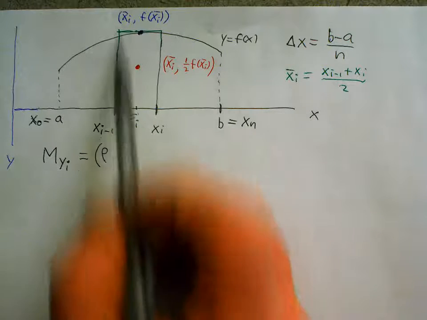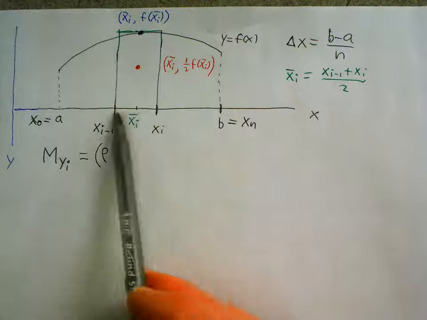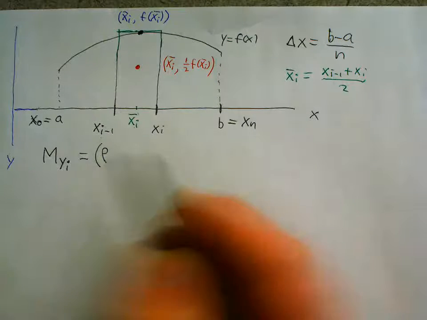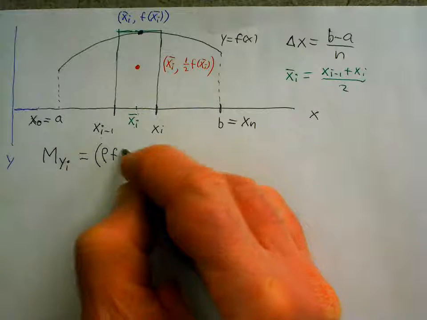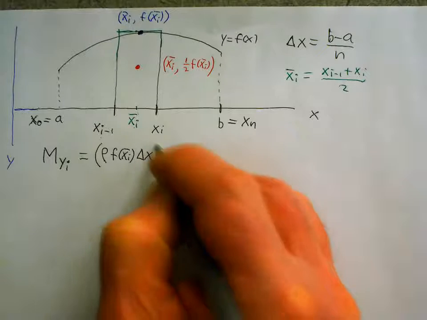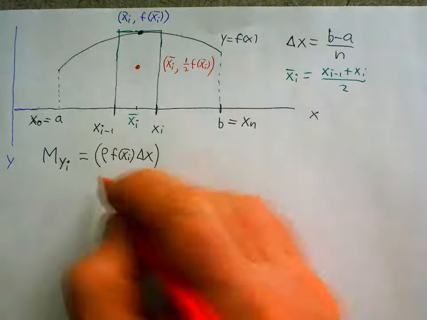Well, the height of the rectangle is f of x sub I bar, and the width is delta x, right? So rho times f of x sub I bar times delta x. This is the mass of the rectangle.